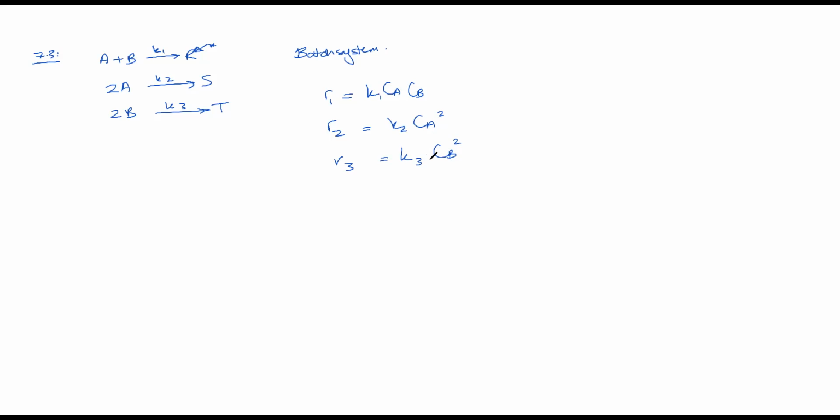So if I want to maximize R1 and minimize the other reactions, if you calculate the ratio of R1 compared to, for example, R2 plus R3, this is the ratio you're interested in, K1 Ca Cb divided by K2 Ca squared plus K3 Cb squared.